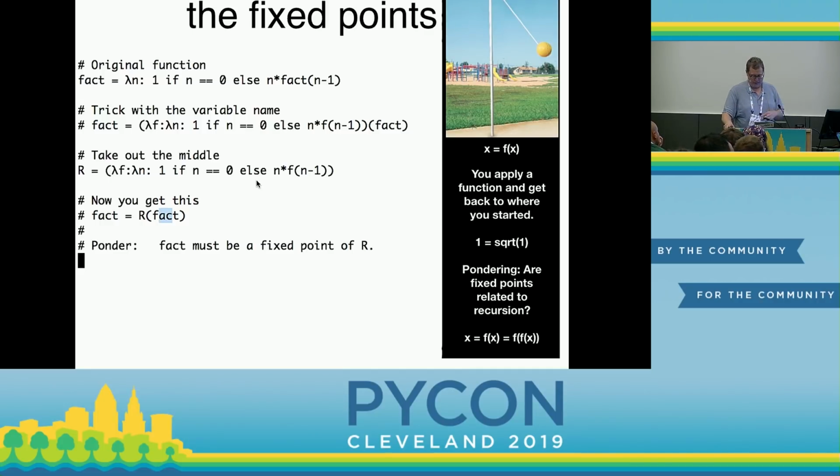Okay, so question over there. So that then implies basically that fact is a fixed behavior of R? I wouldn't say it's a fixed behavior necessarily, but the behavior of R is that if you give it this fact function, you're going to get back the original fact function, whatever it is.